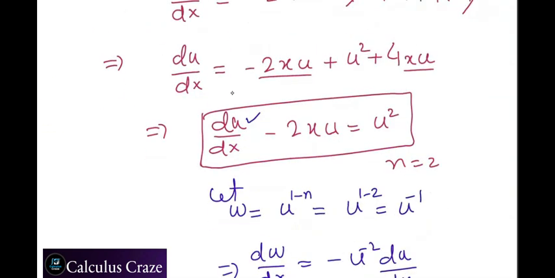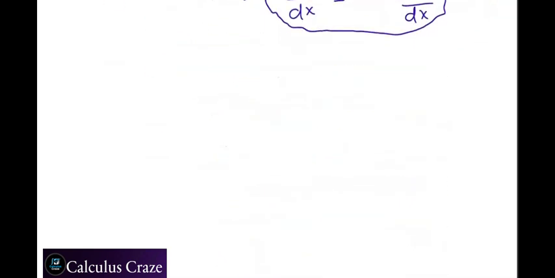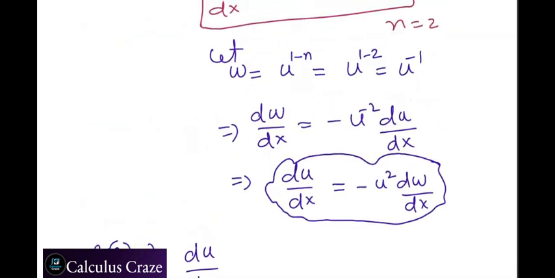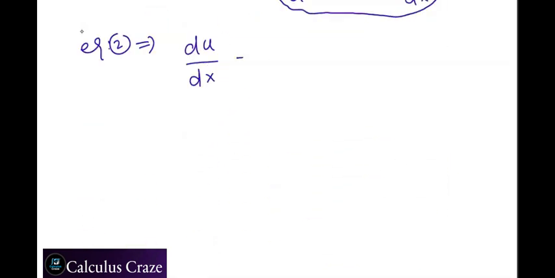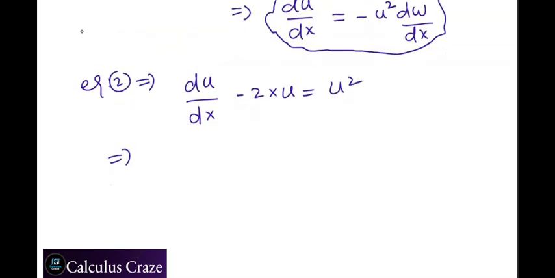So this is equation 2. So my equation 2 will take what form? Equation 2 is going to be minus u squared, the derivative of w, minus 2xu equals u squared.